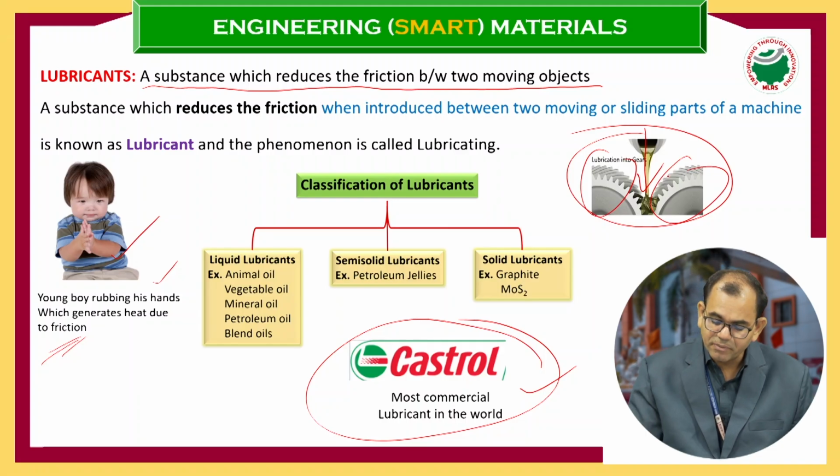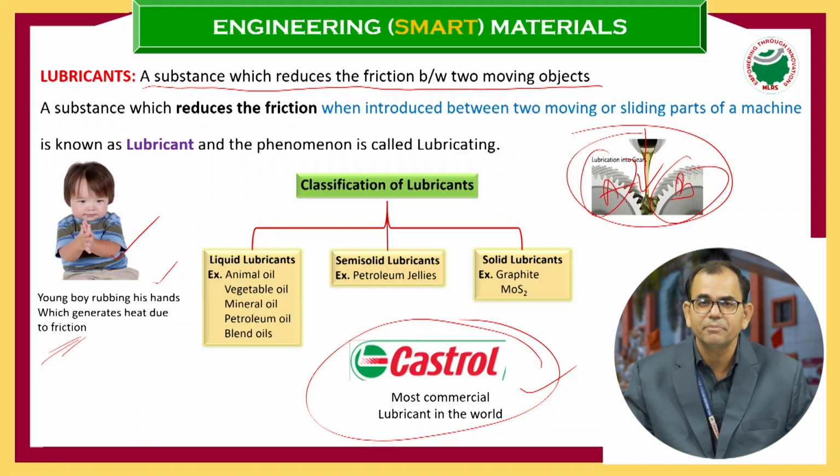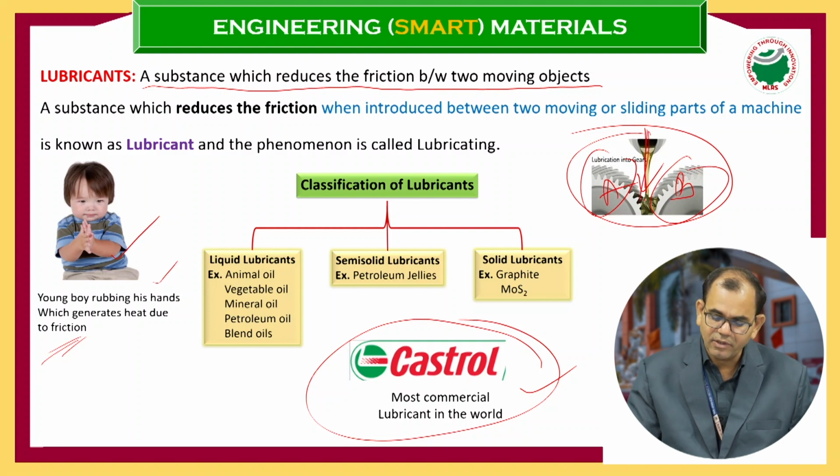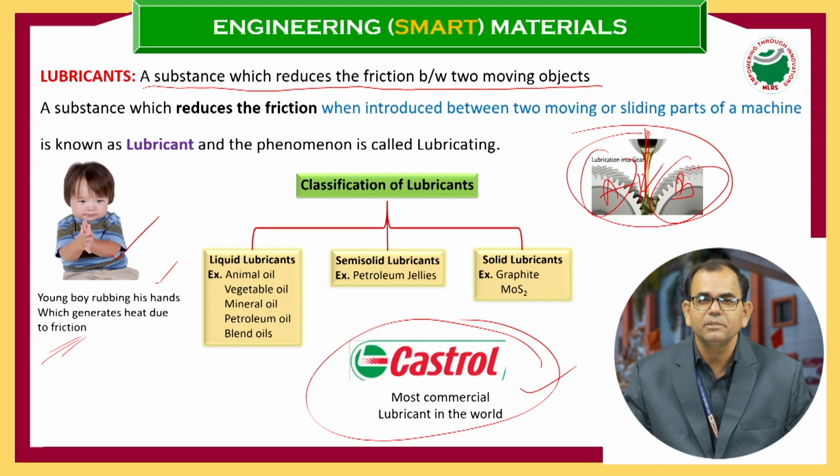It avoids friction between objects A and B, which can be gears or any moving or sliding objects. Due to close contact, friction is generated. Friction is nothing but heat generation. Due to that heat, the machinery or gear will be damaged. So to avoid that, we add the lubricant.